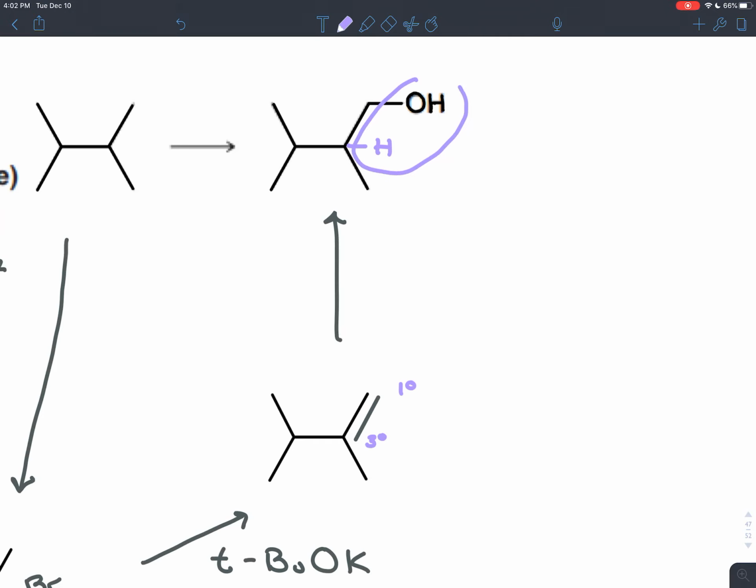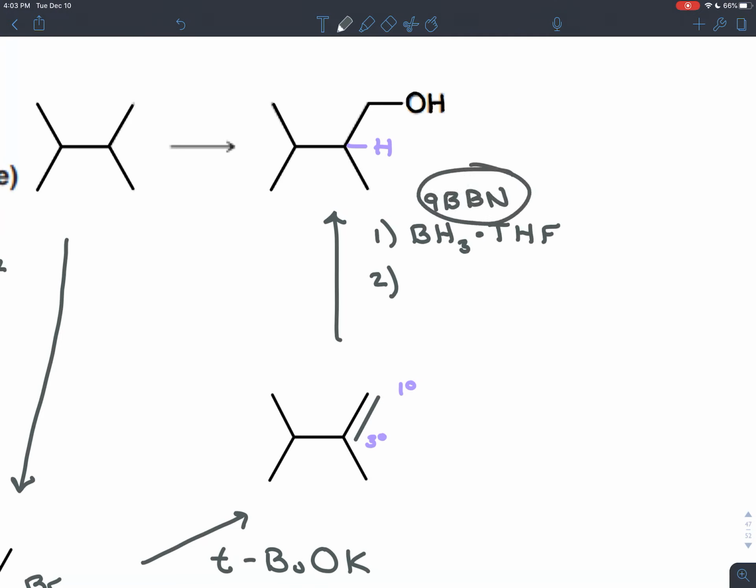So we only know one way of adding H and OH, anti-Markovnikov. That is hydroboration oxidation. So in the first step, you would use BH3 stabilized by THF, tetrahydrofuran. So this is borane stabilized by tetrahydrofuran. And in the first step, you could also use 9-BBN.